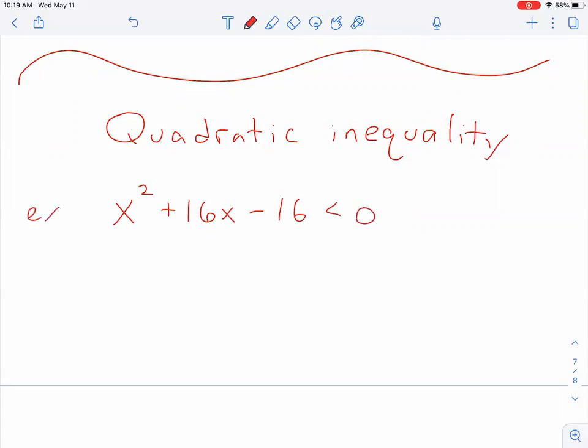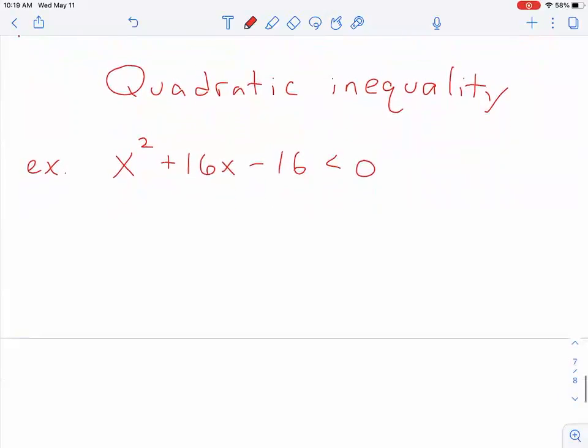And we are trying to figure out what values of x make this true. Okay, we've done problems like this in the past where this thing was an equal sign. Now the difference is it's an inequality sign, but we solve the problem in a similar way. Okay, we're just going to factor this guy. So we're going to factor that trinomial.